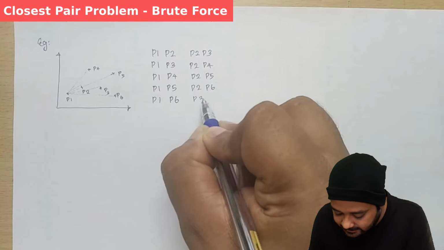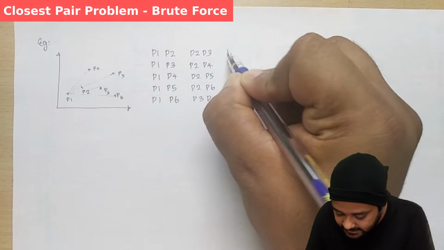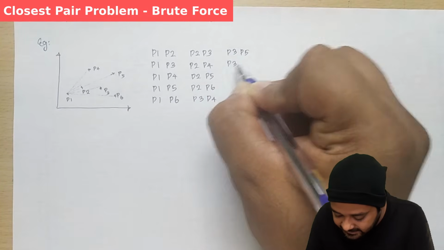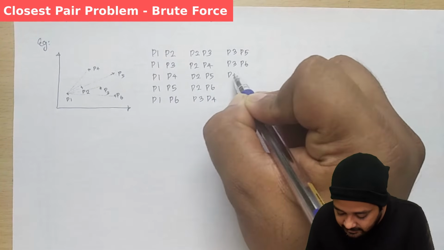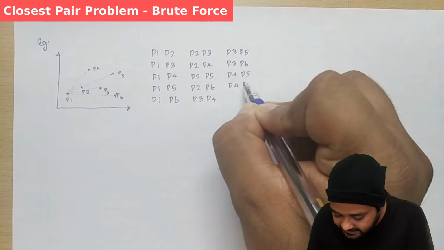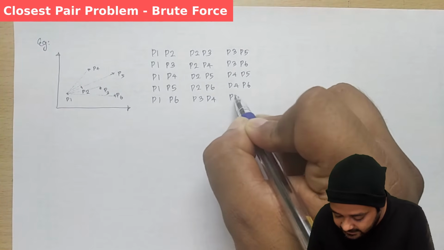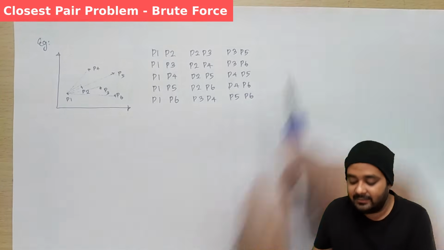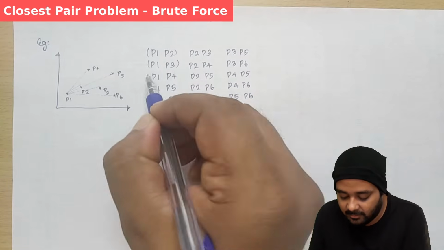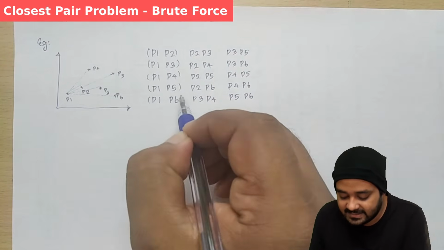Similarly P3 to P4, P3 to P5, P3 to P6, then P4 to P5, P4 to P6, and P5 to P6. So we have made the pair of all possible points present inside the given plane.